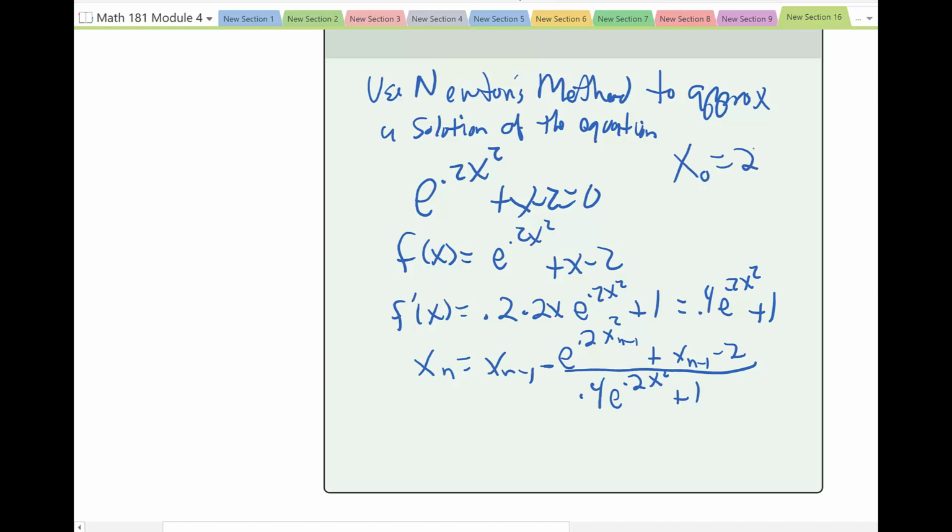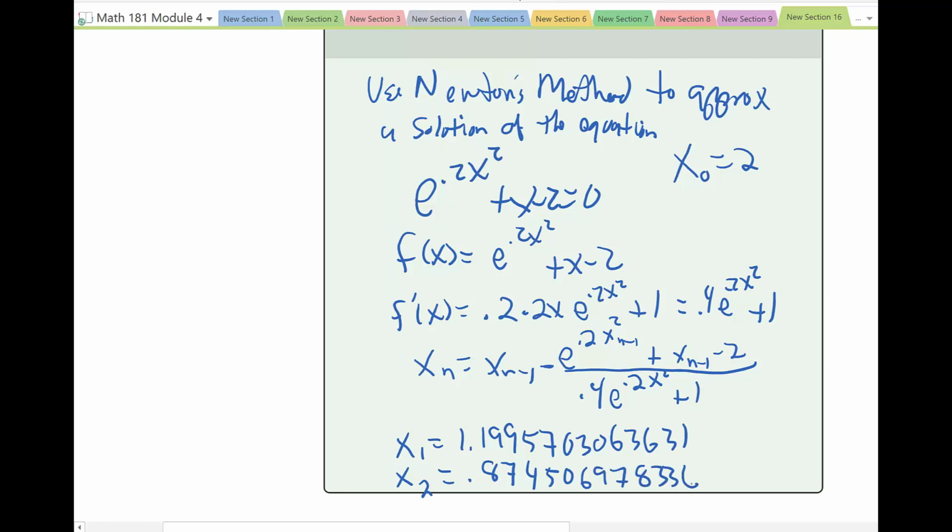So by plugging 2 in, my x1 would be 1.19957 0306361, and then I took that number and I couldn't find a way to copy and paste it, so I just literally wrote it down and typed it in again for x2, and I got 0.874506978336.